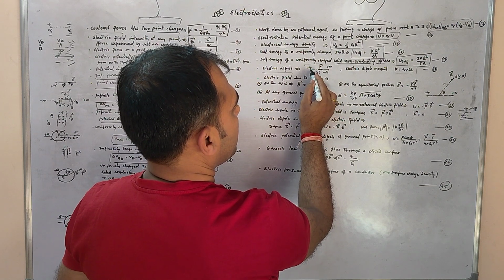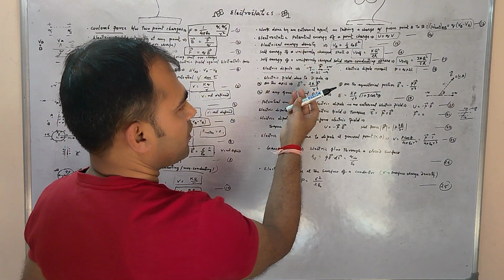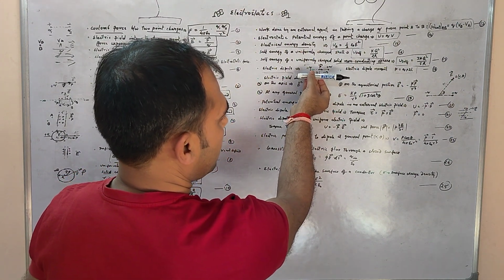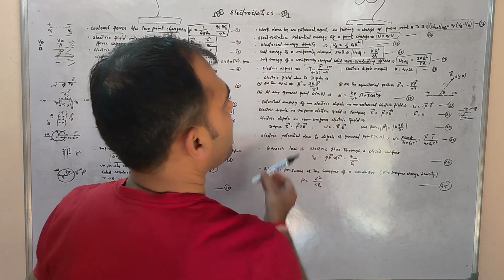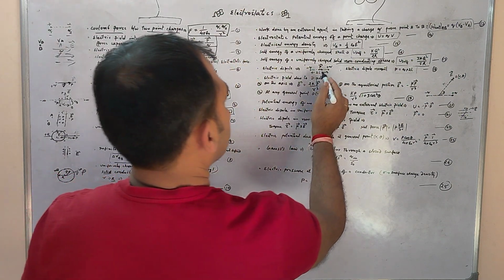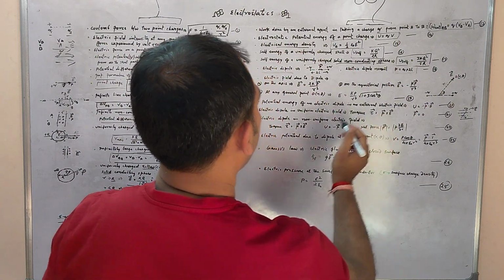from minus Q to plus Q. Direction will be parallel to the line joining minus Q to plus Q. So this is a vector quantity, electric dipole moment.